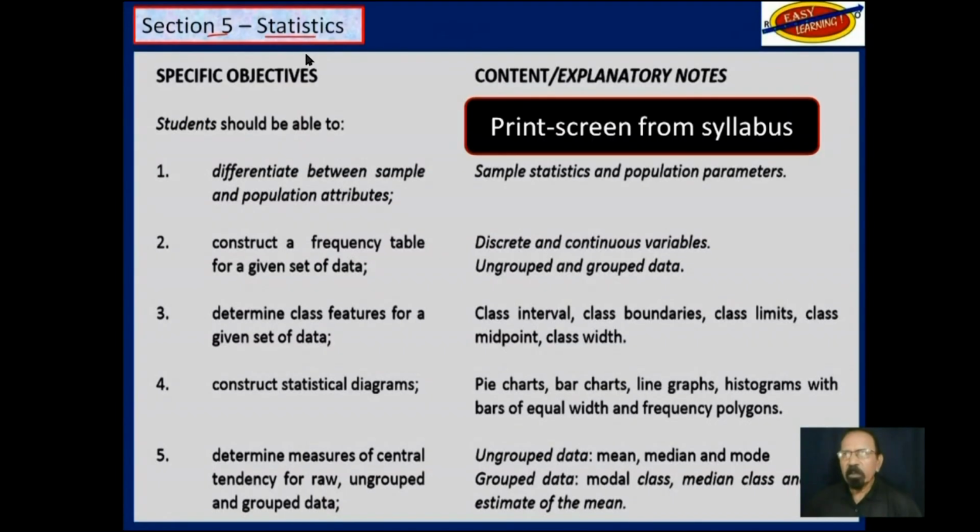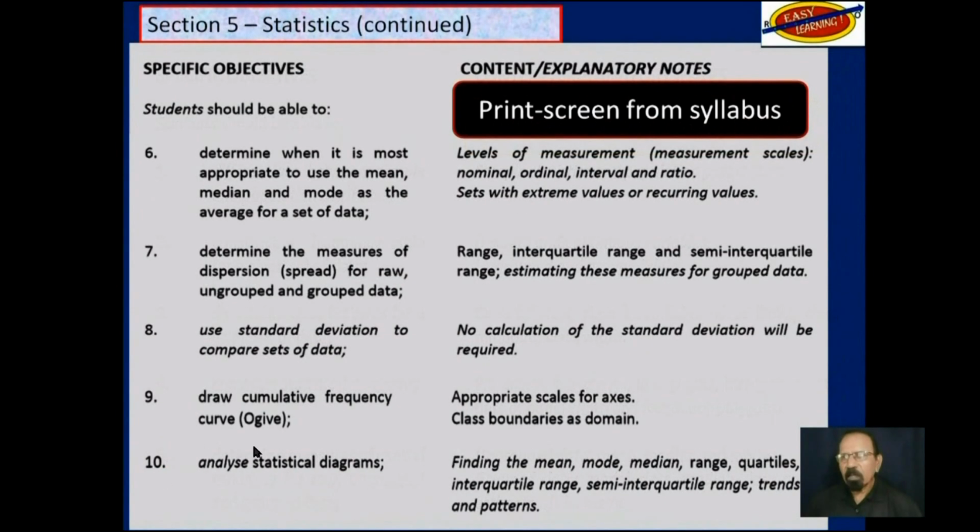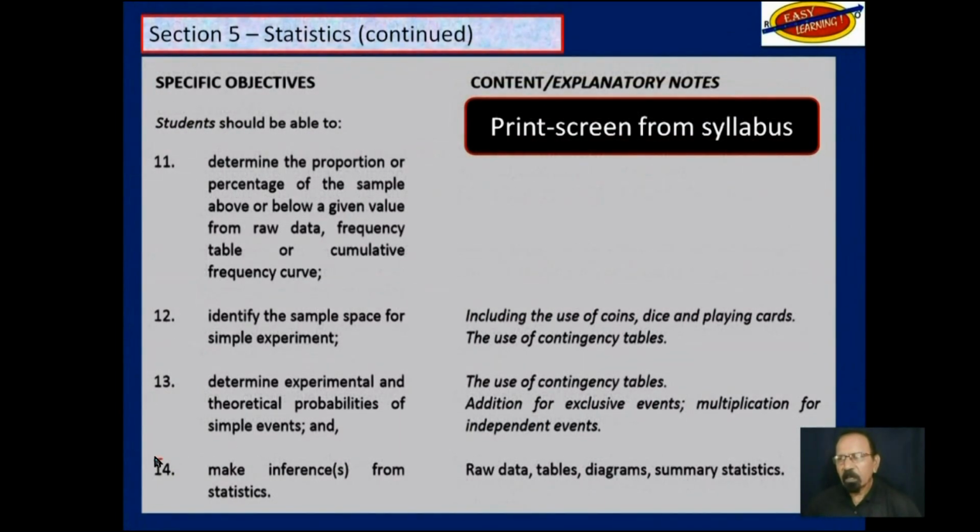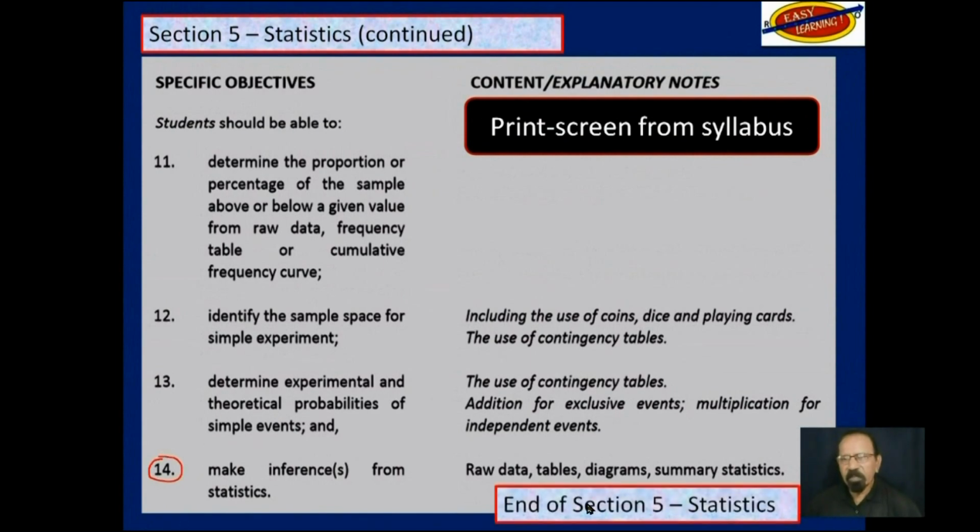We are at section 5, statistics. We have a print screen from the syllabus of the first 5 objectives, and then another print screen of the next 5 objectives, and finally the last 4 objectives in this section. So this section has 14 objectives, and I have divided those 14 objectives into 17 videos.